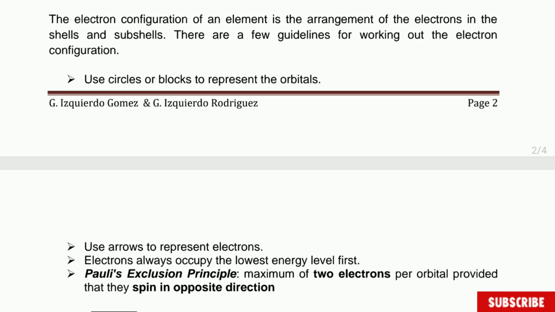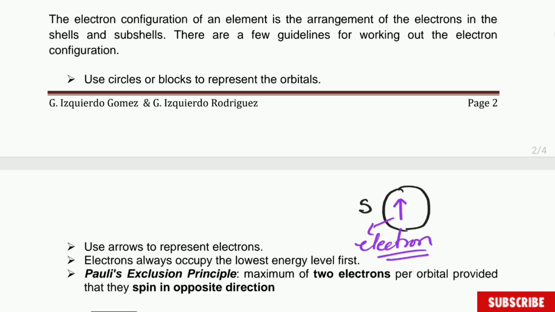Now, what else? Electrons are going to be represented with arrows. So for example, if you have an orbital s, which we represent with a circle, and in that specific orbital we have 1 electron, then that electron can be represented with an arrow. So that means that this is an electron in that orbital s.